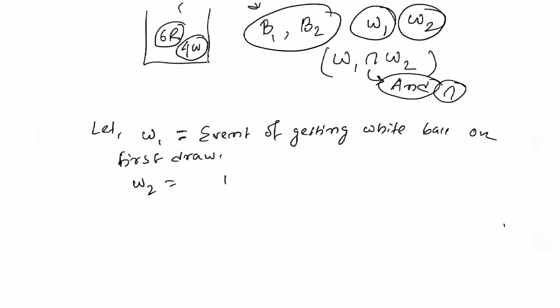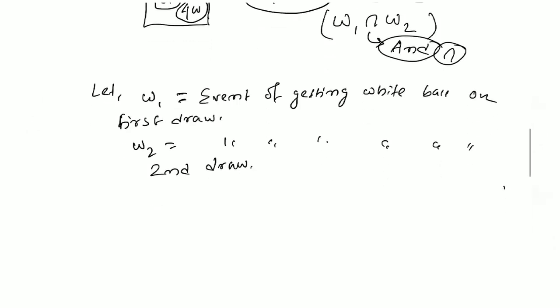Similarly, W2 is the event of getting a white ball on the second draw, right? Now what we need to find out is the probability of W1 and the probability of W2.